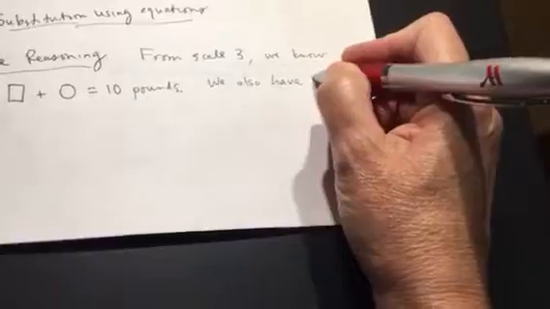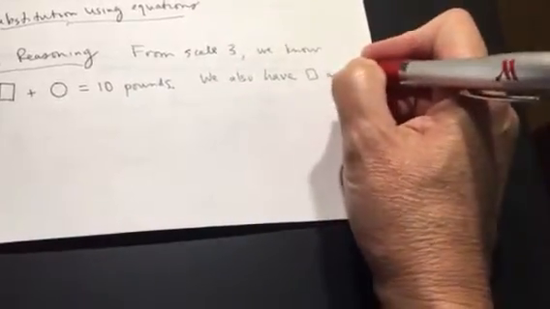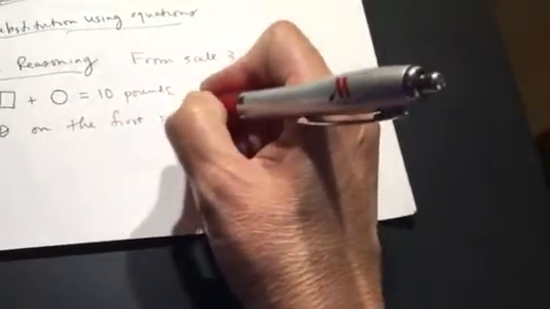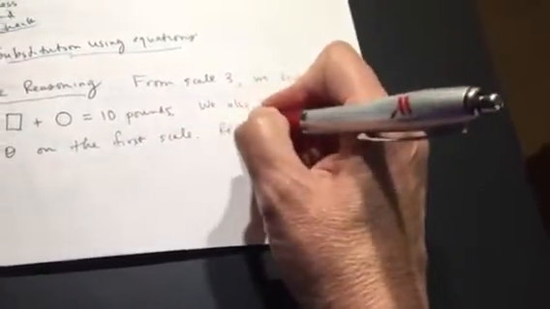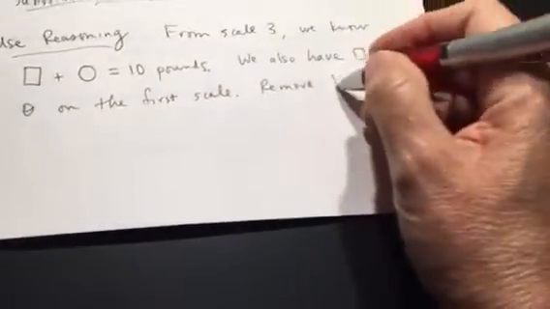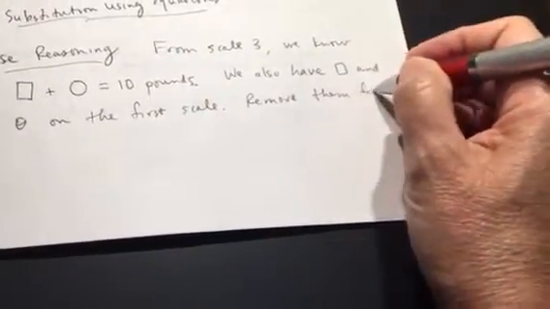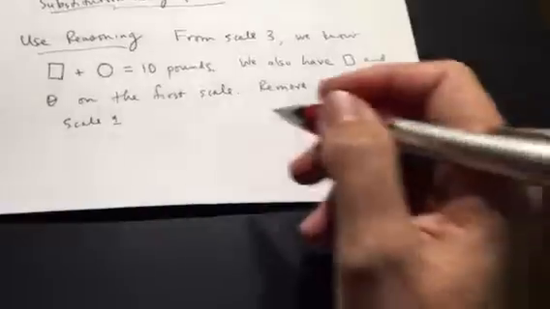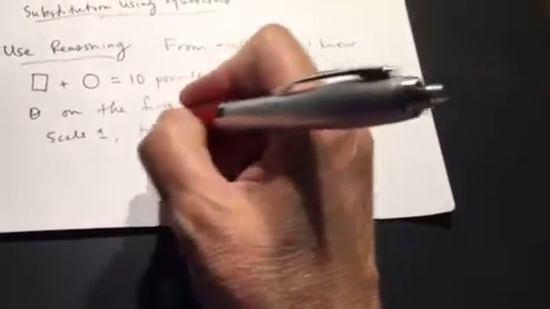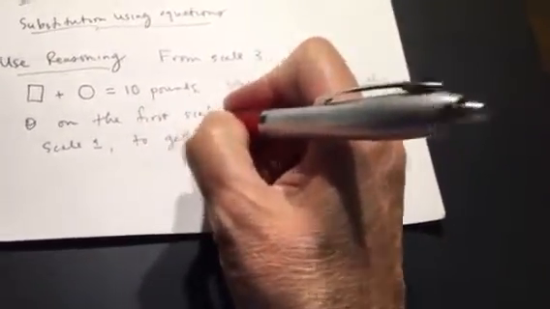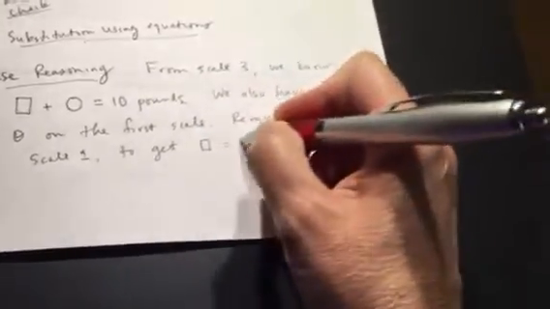We also have a cube and a sphere on the 1st scale. Remove them from scale number 1. And then you're going to get that the cube weighs what? To get cube equals 4.